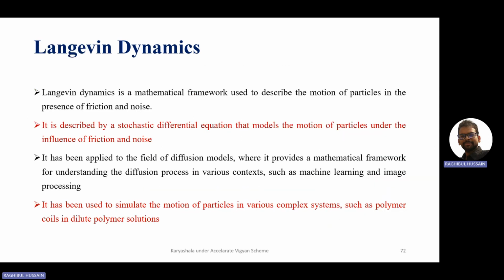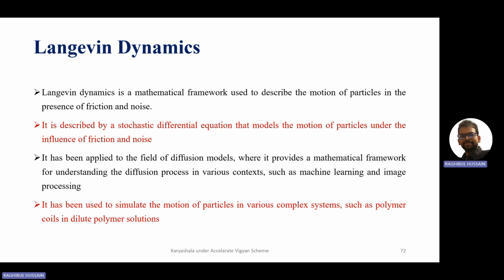Then we move to the Langevin dynamics. Langevin dynamics is a mathematical framework used to describe the motion of particles in the presence of friction as well as noise. It is described by a stochastic differential equation that models the motion of particles under the influence of friction and noise.